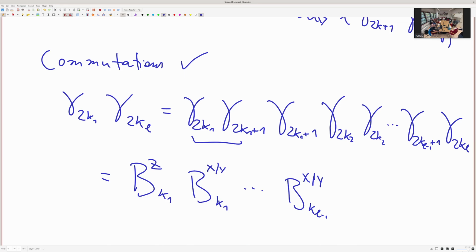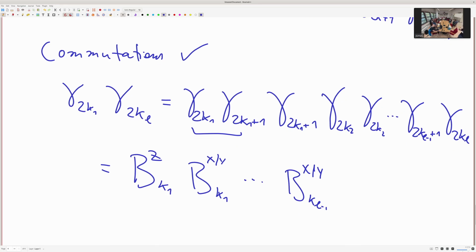So if I want any of this to make sense, it should be that two different paths which connect the same two endpoints give the same outcome. And the fact that two different paths with the same endpoints are equivalent is the same as saying that a closed path is equivalent to the identity, which is something that we should check.